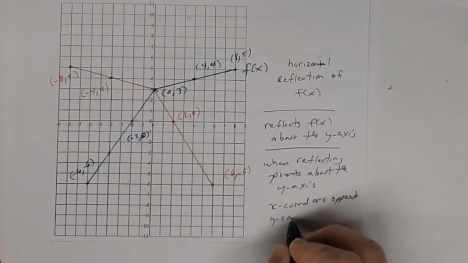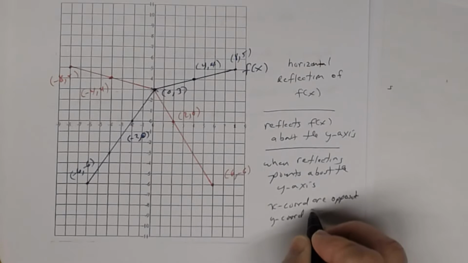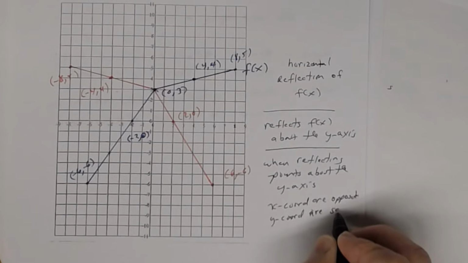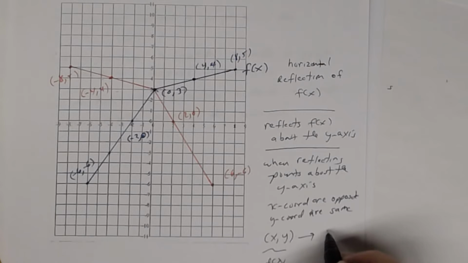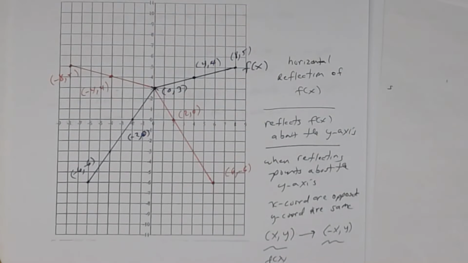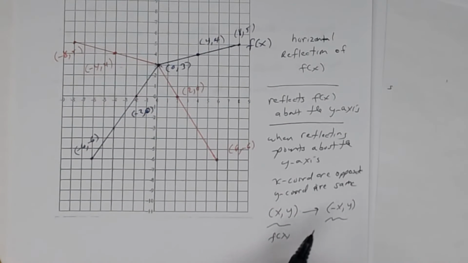The y-coordinate stays the same this time. So in other words, the point x, y on the function f of x becomes negative x, y.